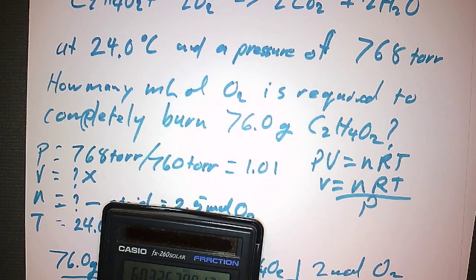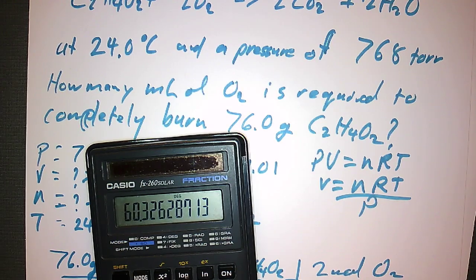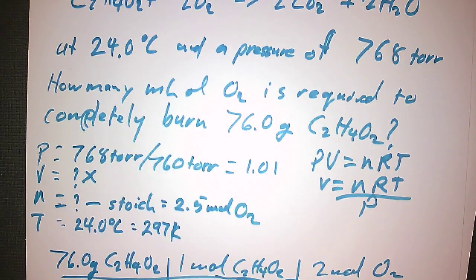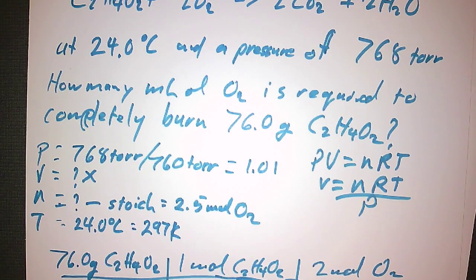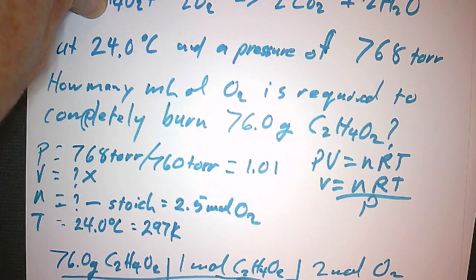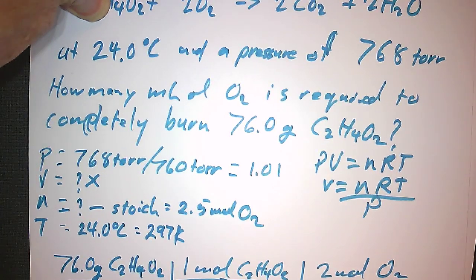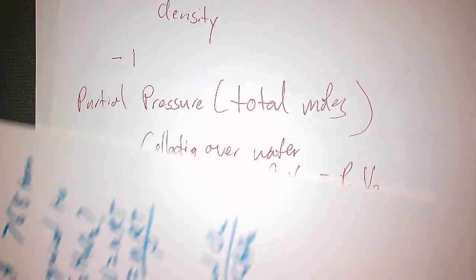I still get 60.3. David, are you leaving every number in your calculator, not rounding? I put 0.08206, and I also put the 1.15. Yeah, that would give you a little more. Okay, that makes sense. Any questions on that? That's just stoichiometry. That was pretty easy.